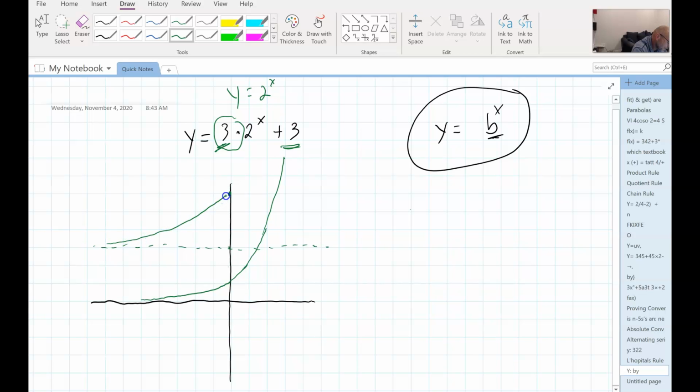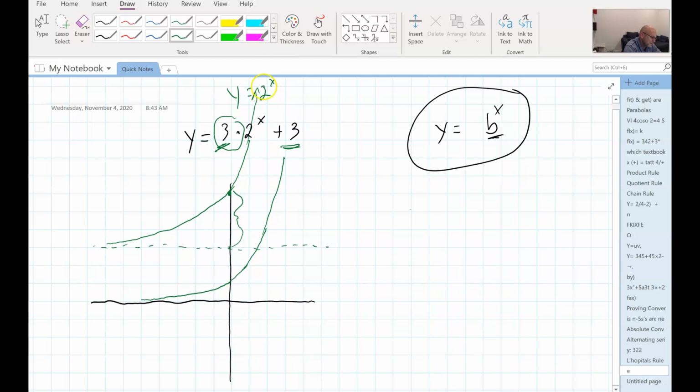It'll cross right there. And we also know that from here, it's just going to double. It'll double this distance, right? So we're at basically 3 above the asymptote right now. That means we're going to be 6 above the asymptote next, and then 12 above, so just keep going up like that.